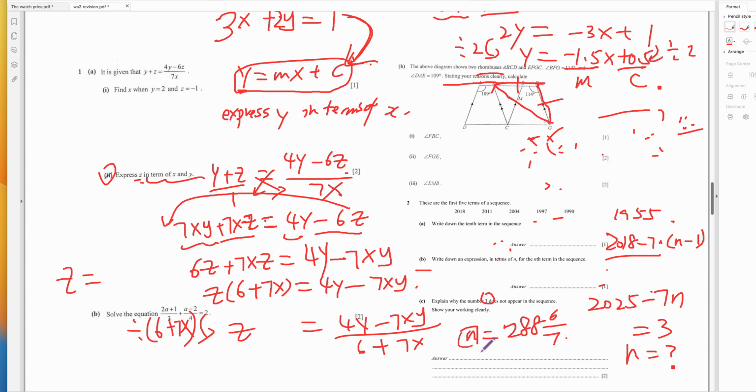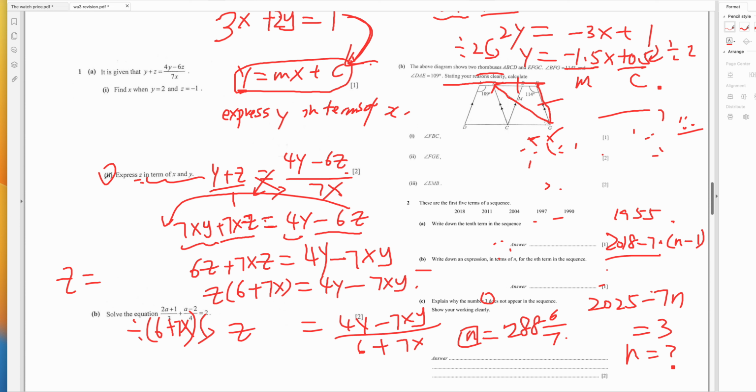So do you know that n must be a whole number? Correct. So how do you justify it? Let me emphasize once again. You just say 2025 minus 7n equals 3. Then you continue to solve. n equals 288 and 6 over 7. Then you just say since n is not a whole number, 3 is not in the series.